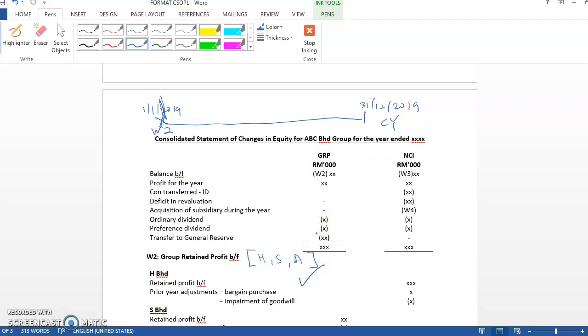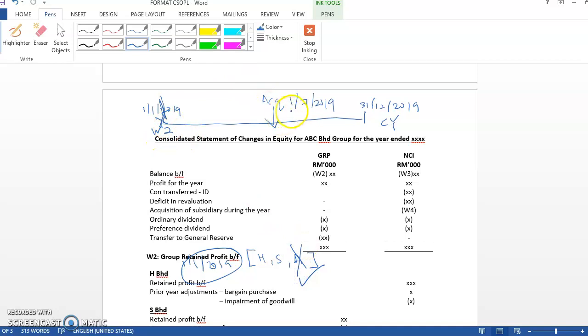Okay, for example, if the associate has been acquired here, acquired associate 1st July 2019. Therefore, when you prepare your group retained profit at the beginning of the year, that is on 1st January 2019, right? Associate does not exist. Why?